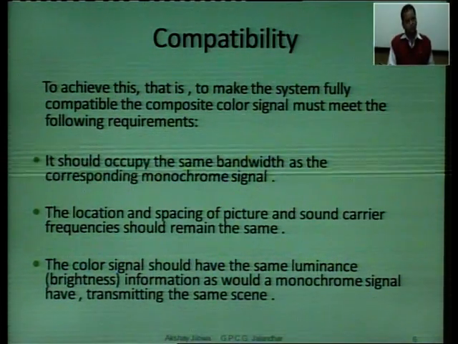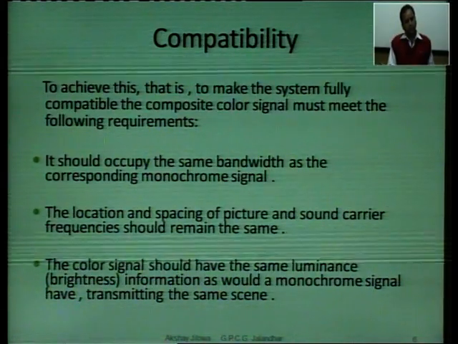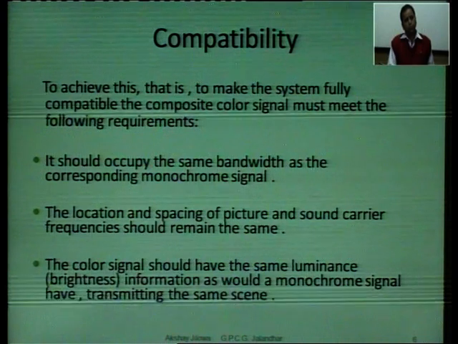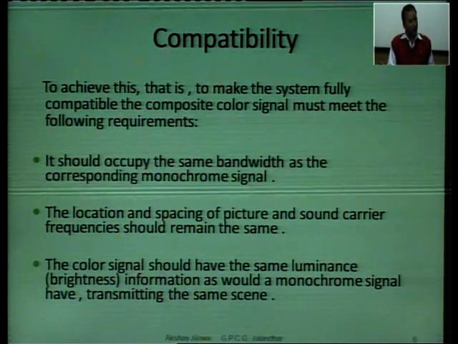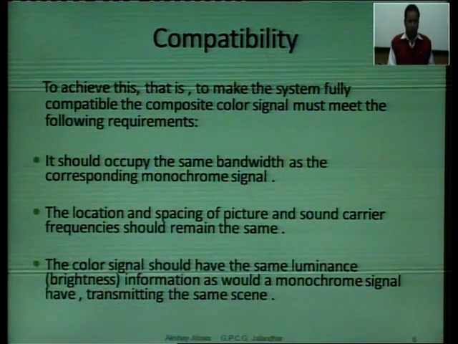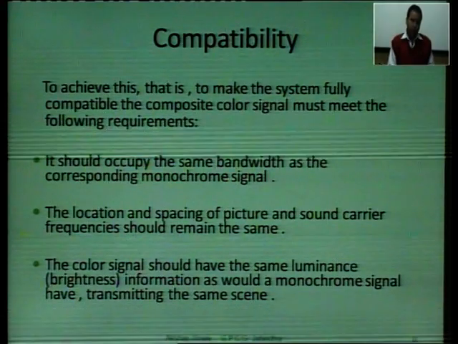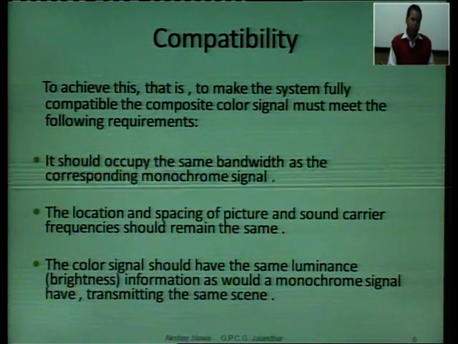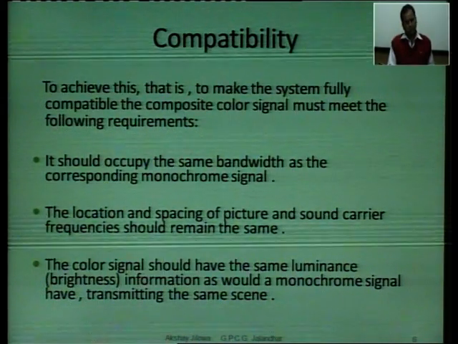In case of monochrome TV we say brightness, if it is color TV we also call it luminance. So, it should be the same, whether it is color or monochrome. In both cases the brightness or luminance should be the same, irrespective of the system.